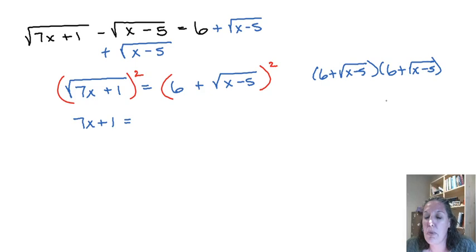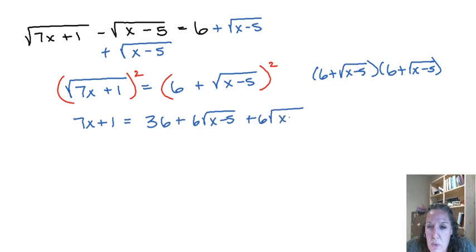If we square something, we multiply it by itself. So if we FOIL this out, we're going to get 6 times 6 is 36. 6 times the square root is going to be 6 times the square root. Our inside is going to be the square root times 6, so we get 6 times the square root. And then last times last, we have the square root times itself.